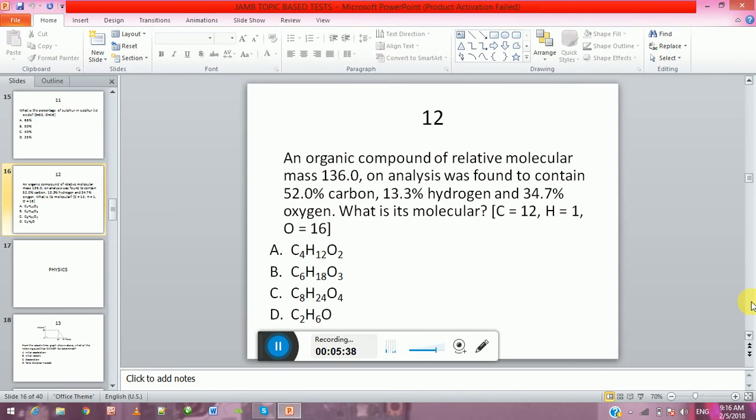C is 12, hydrogen 1, oxygen 16. A. C4H12O2. B. C6H18O3. C. C8H24O4. D. C4H6O.